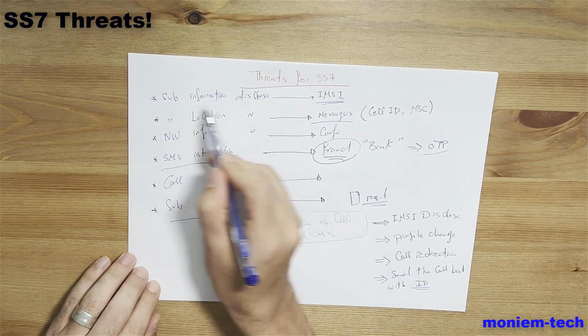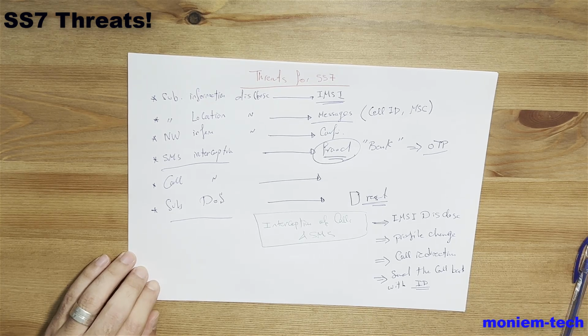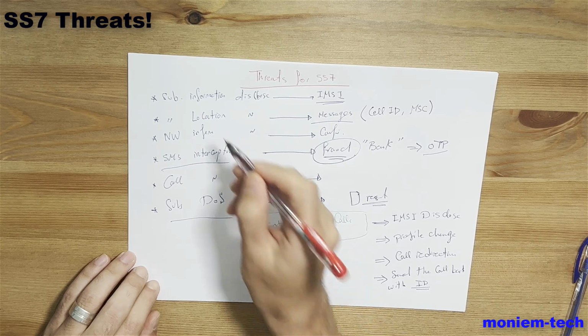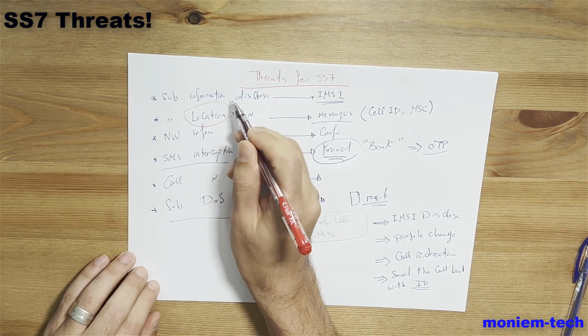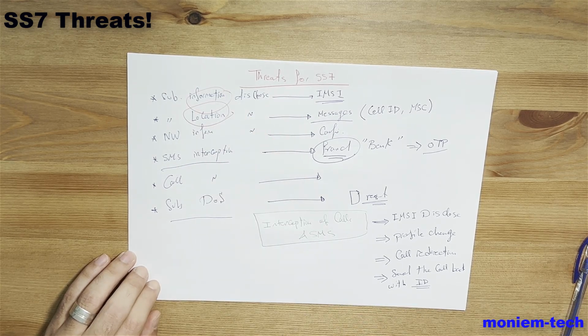For subscriber information disclosure, you need to know first the IMSI and the percentage of successful attacks for the IMSI. There are many types, like location discovery or subscriber call trace, and also subscriber location and information. You need to know the IMSI as we discussed before.